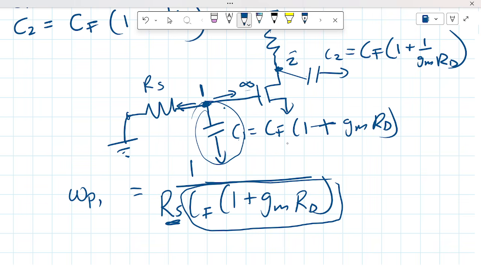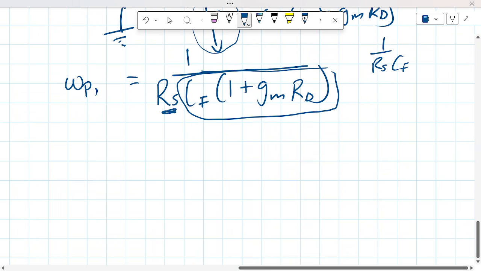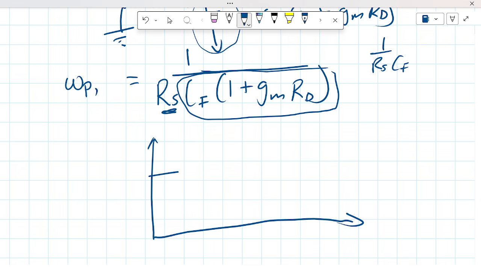If we had the original Cf, like 1 over Rs Cf, then our bandwidth would have been somewhere here. From this plot, with the low frequency gain GMRD, and assuming we just had 1 over Rs Cf, our minus 3 decibel bandwidth would be up to this point before it reduces by minus 20 decibel per decade.